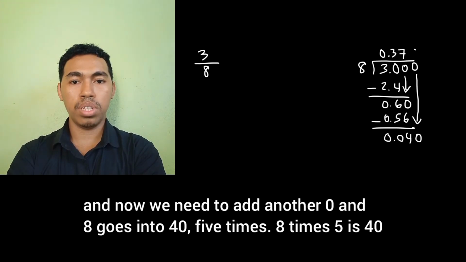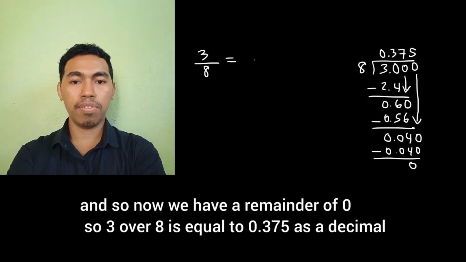And now, we need to add another 0. And 8 goes into 40 5 times. 8 times 5 is 40. And now, we have a remainder of 0. So 3 over 8 is equal to 0.375 as a decimal.